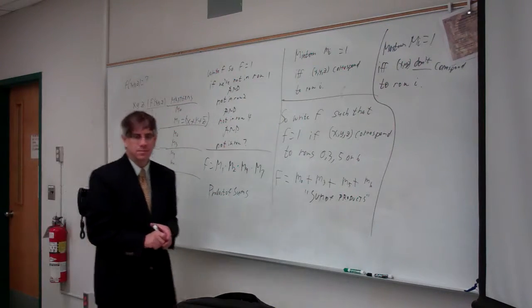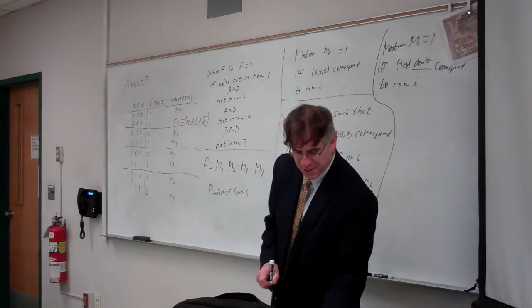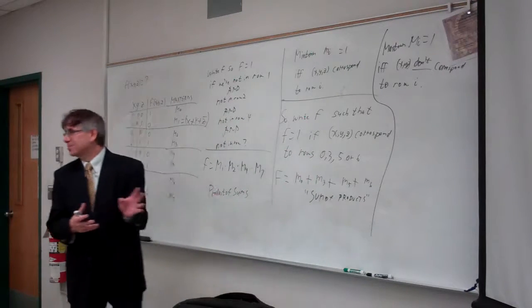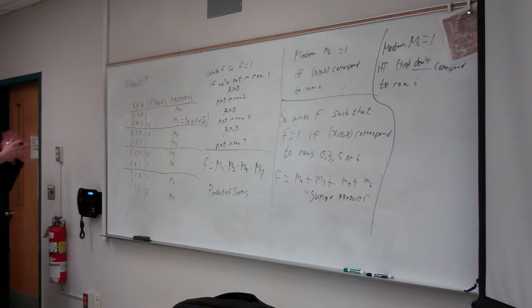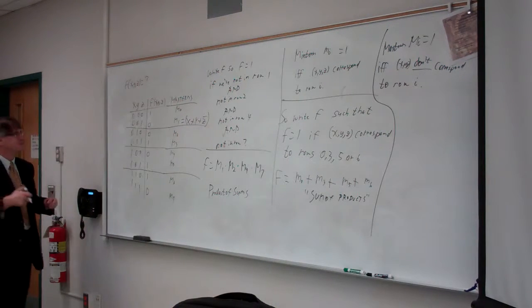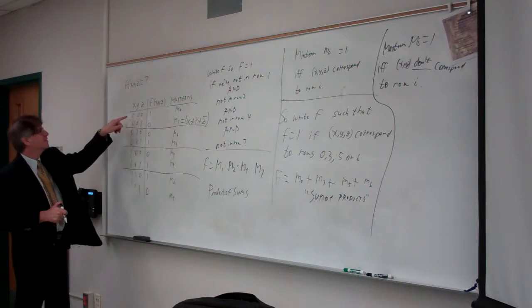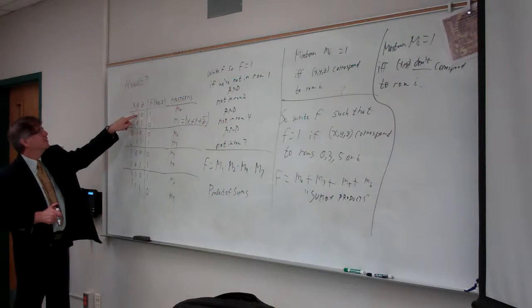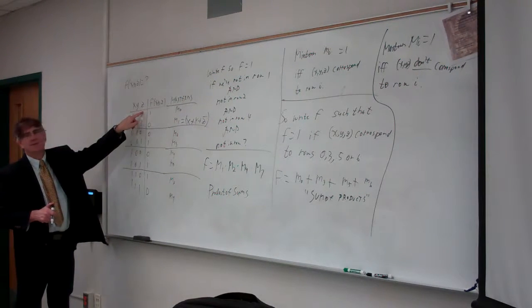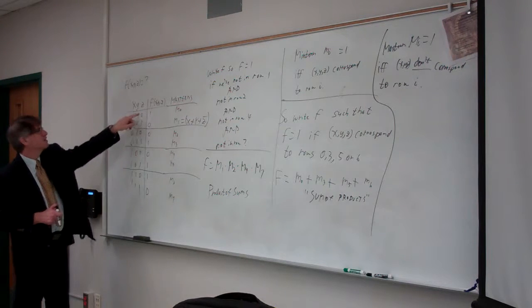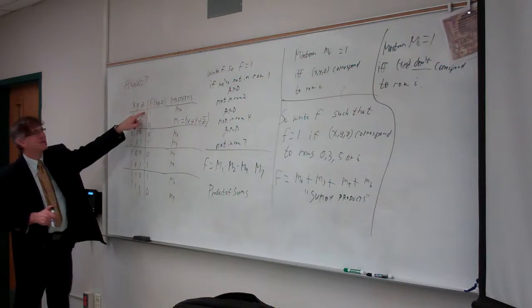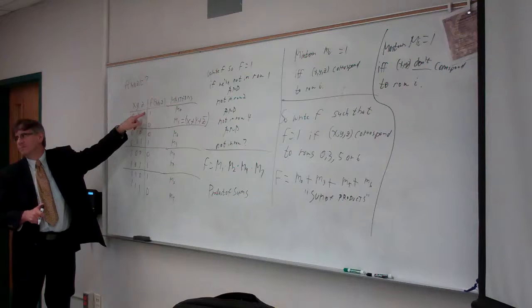You can use De Morgan's to go between them, right? And you can. This is really just De Morgan's theorem. When we say if we're in here, then x bar and y bar and z bar. If we say we're not in here, we're saying x or y or z. Right?